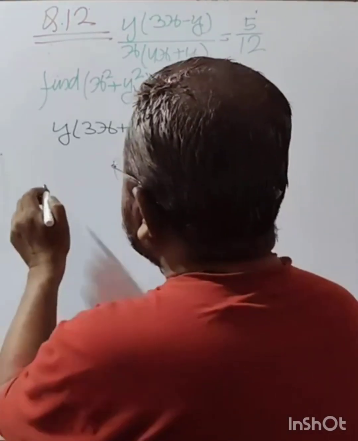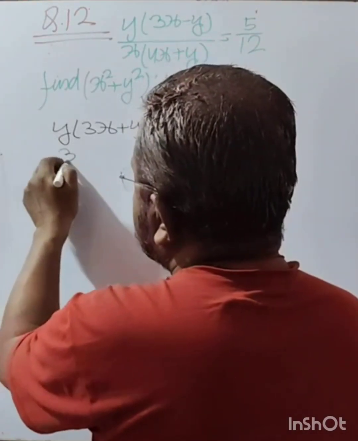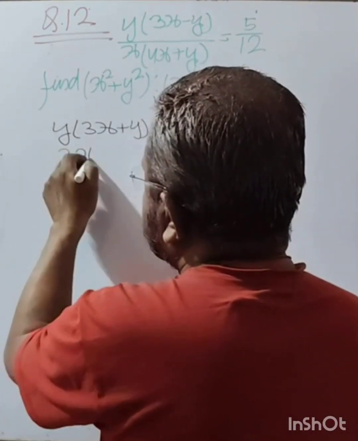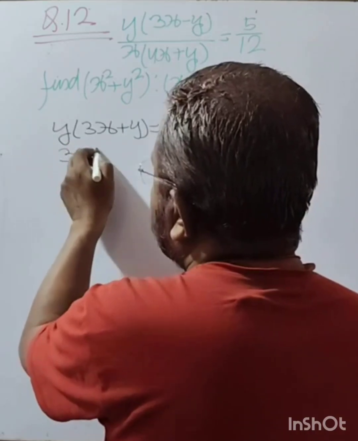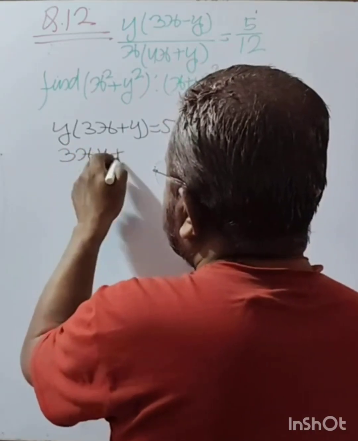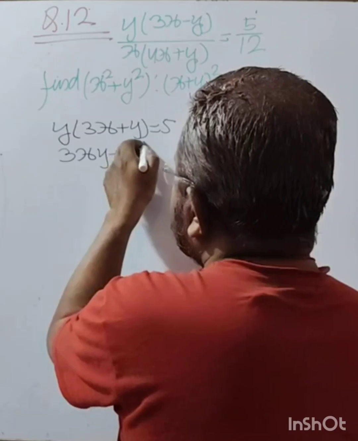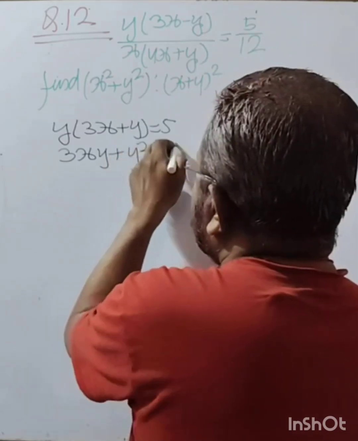So it becomes how much? 3xy plus y square is equal to 5.